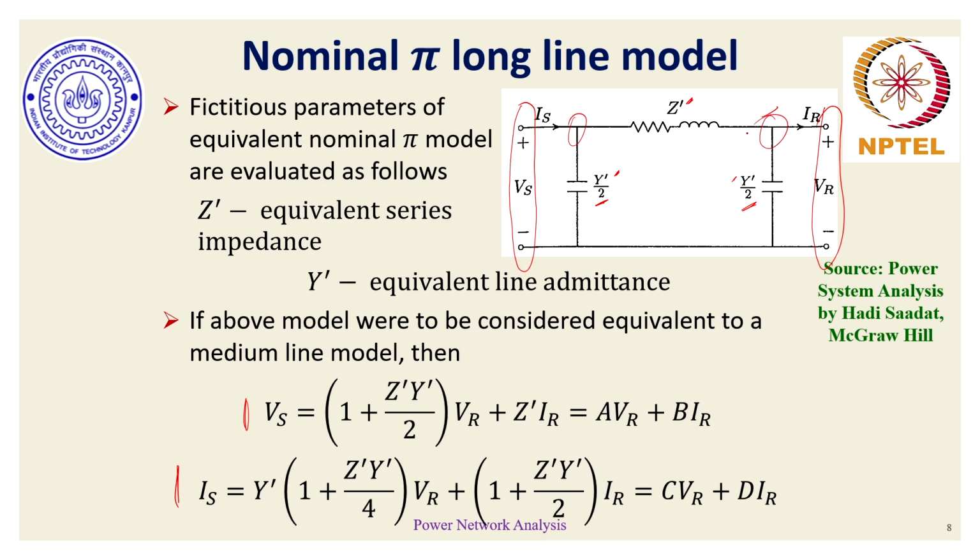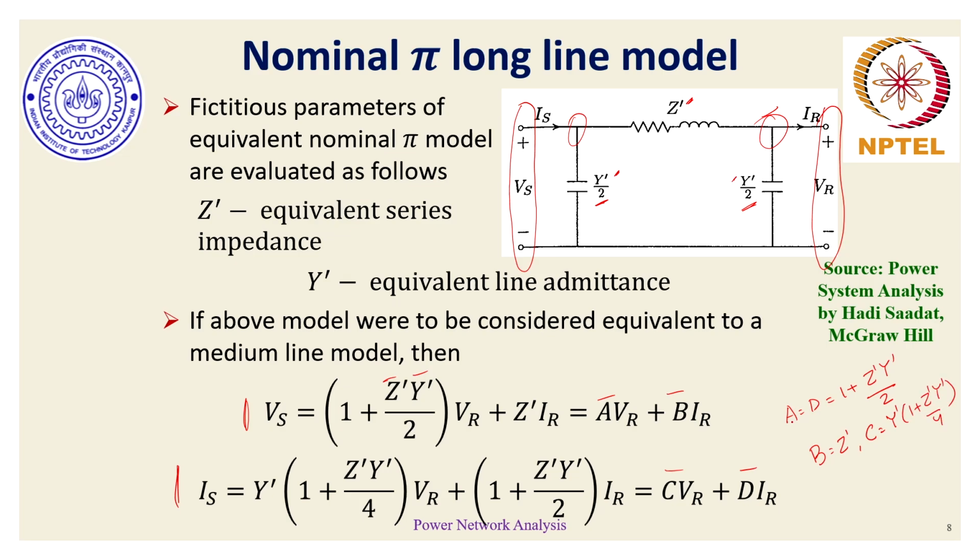That's how we get three equations. Those three equations, when rearranged, can be written in terms of A, B, C, D parameters, which are functions of Z dash and Y dash. So from here, we easily know that A and D are nothing but 1 plus Z dash Y dash by 2. B is simply Z dash, and C is Y dash times 1 plus Z dash Y dash by 4.